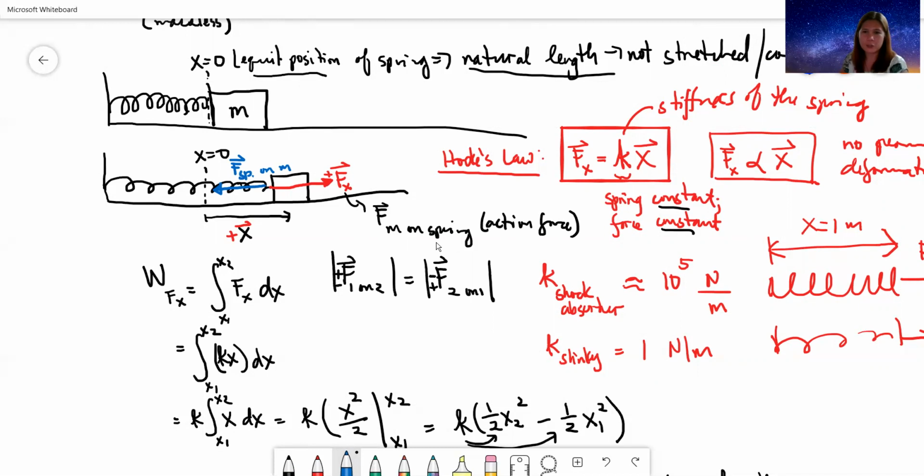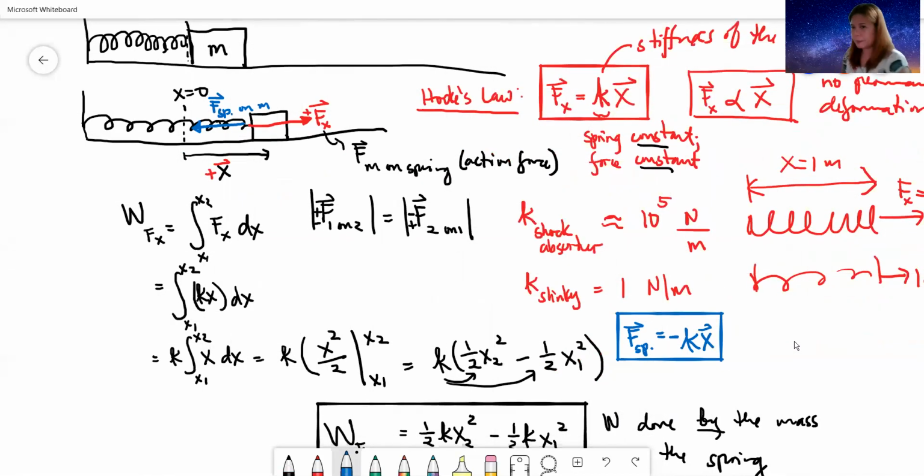So we still use Hooke's law. According to Hooke's law, the force of the spring is also directly proportional to the amount of stretching or compression. It also depends on the stiffness of the spring, but you always have the negative sign here. Whatever the direction of the displacement, the spring force is always opposite to that.